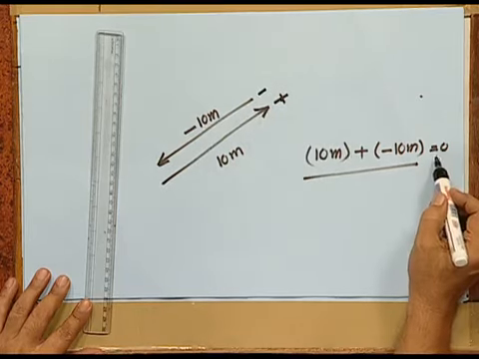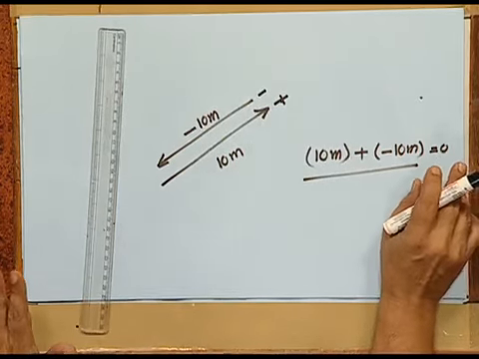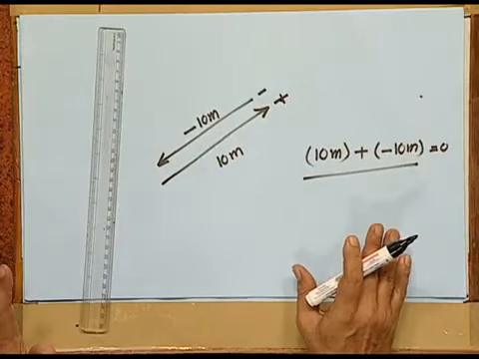The addition of these two gives you a null displacement, but the distance travelled, please note, 10 meters has travelled along this direction, it has travelled 10 meters along this direction. The distance travelled is 20 meters, but the displacement is 0. That is the distinction between displacement and distance travelled or length of the path.